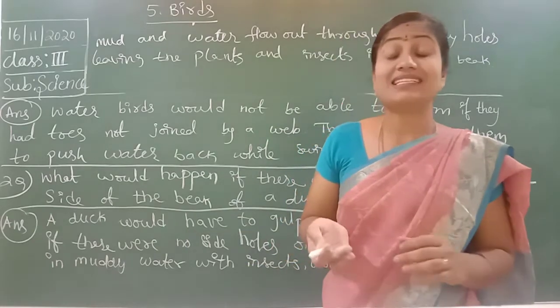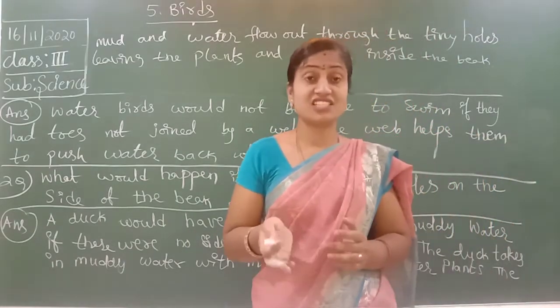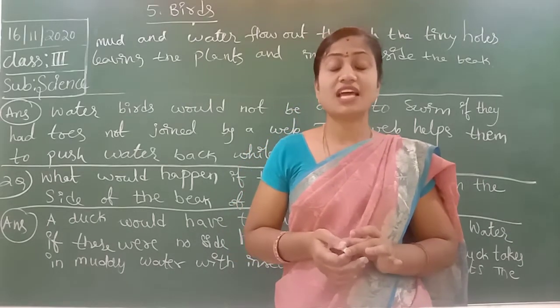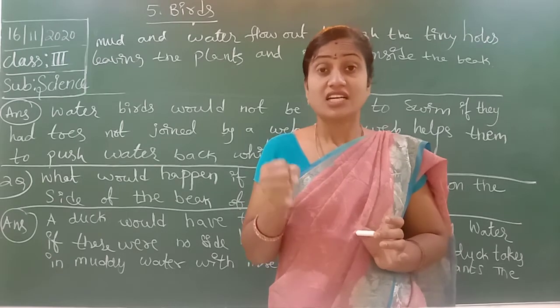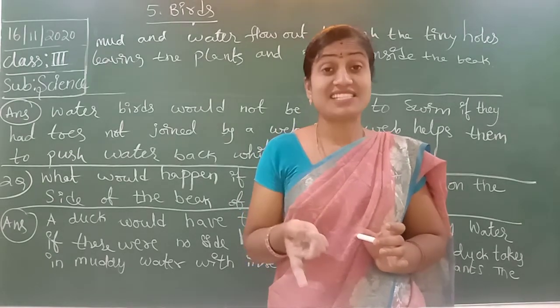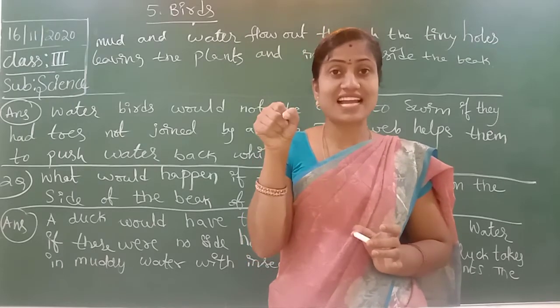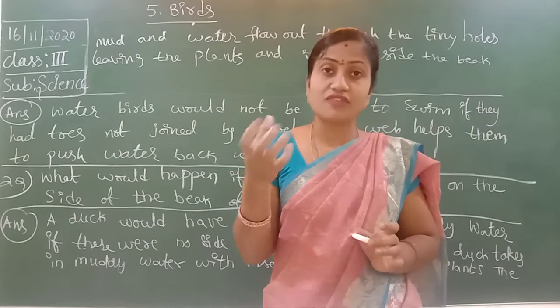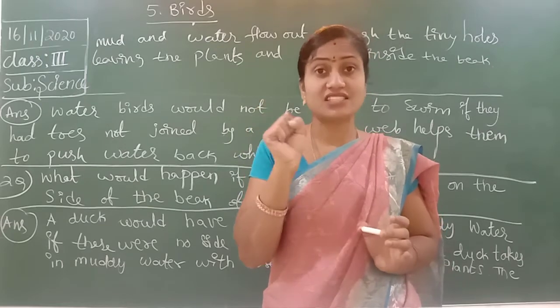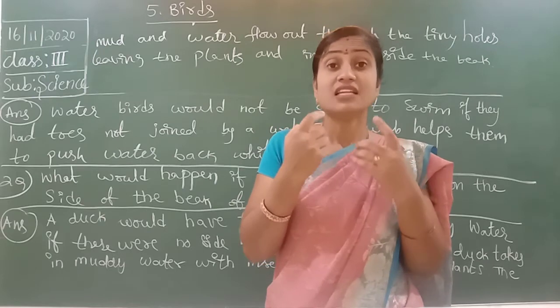So they can go into the muddy water searching for their food. They want to catch through their beak some insects, some water plants, some worms. So they can catch food like that in the muddy water, with the water.